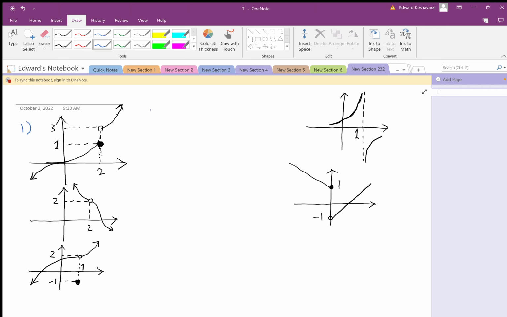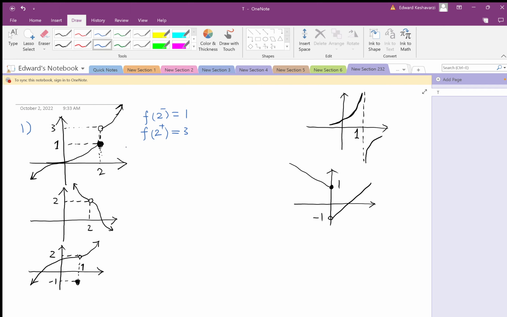So what is the left limit at 2? The left limit at 2 is 1, and the right limit at 2 is 3. Since left and right limit are not equal, function has no limit at 2, or limit does not exist.